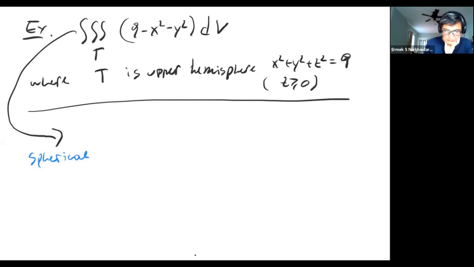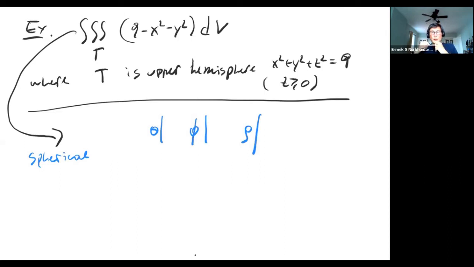I'm going to give you a minute or two to figure out what will be the limits for theta, phi, and rho.